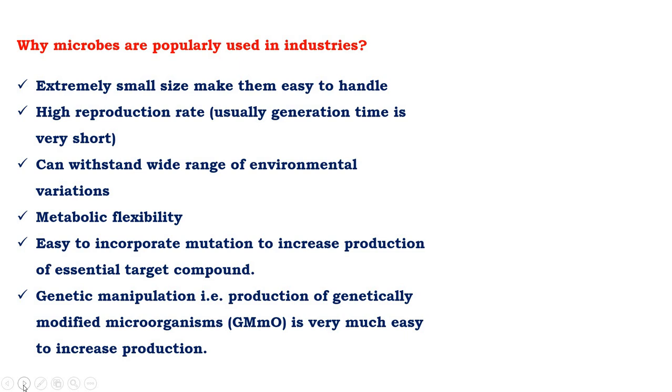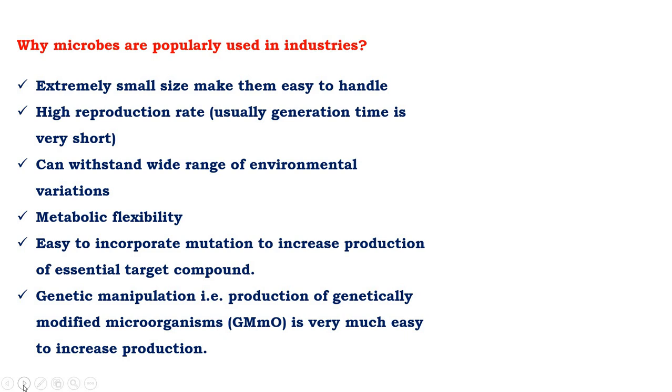So let's know why these microbes are so popular in industrial applications. Among other biological organisms, microbes are extremely small in size and that makes them easy to handle. This is the primary cause for this popularization. Second is the high reproduction rate. It's very important. High reproduction rate means generation time is very short.